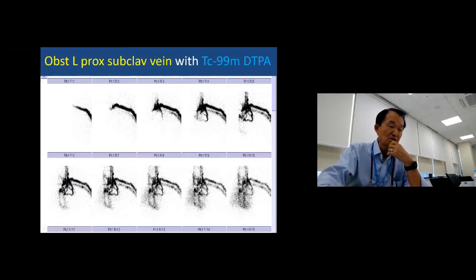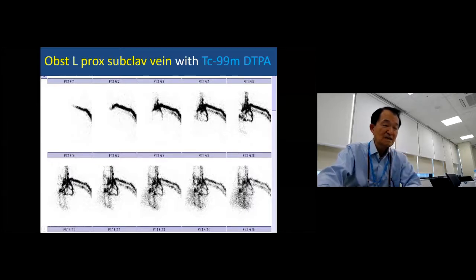Normally you should see only one line come here, innominate and superior vena cava emptying into the right heart. With obstruction, there are collaterals in the supraclavicular area and the left superior vena cava, all collateral.